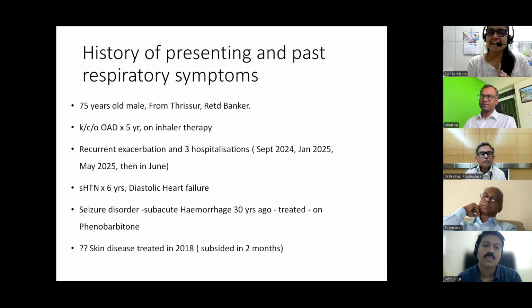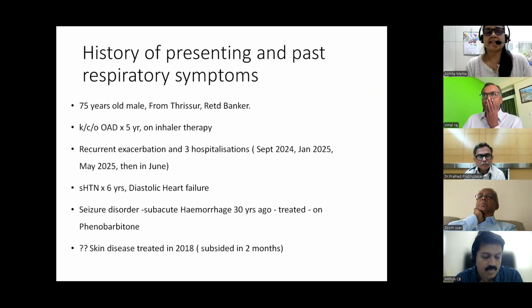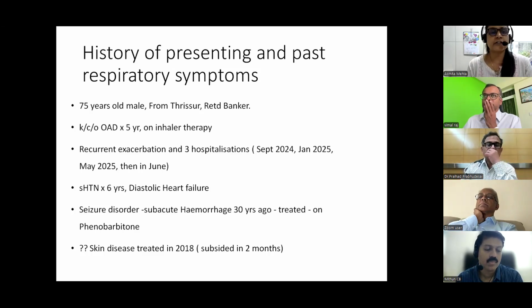So this is a 75 year old man, a retired banker, who came to me. He has been diagnosed with obstructive airway disease for 5 years, never smoker, but he has recurrent exacerbations, 3 hospitalizations in September 2024, January 2025 and May 2025. In June also he had an exacerbation which was treated on an OPD basis.